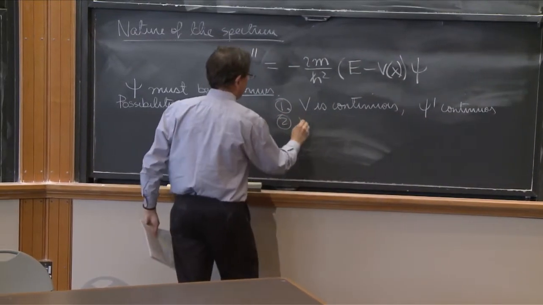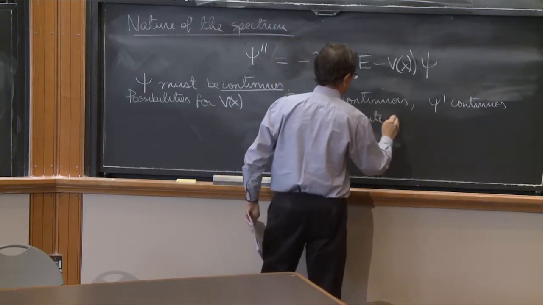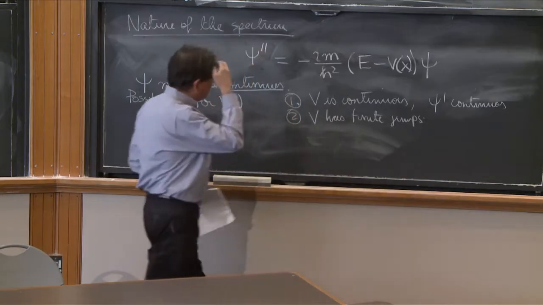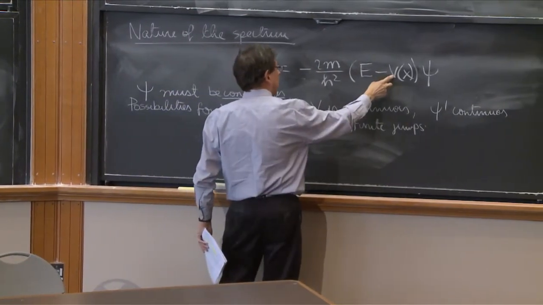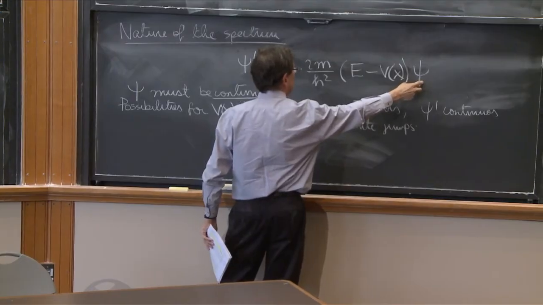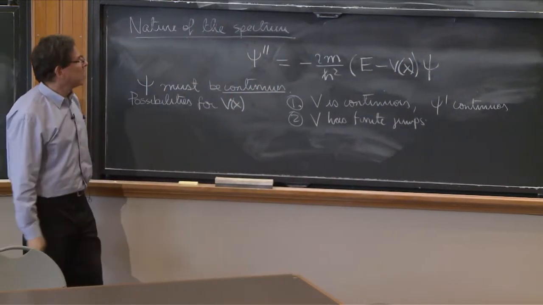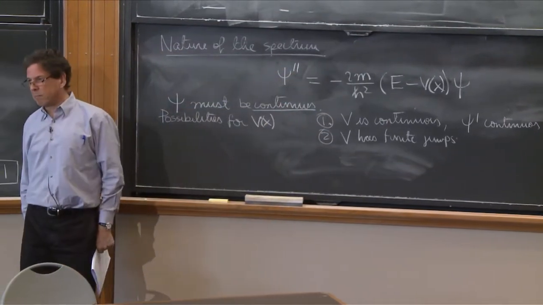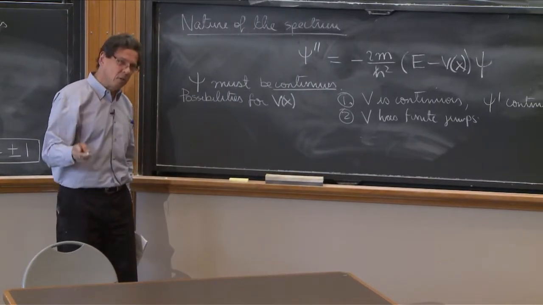2, V has finite jumps. Well, if V has finite jumps and psi is continuous, this product has finite jumps. So psi double prime has finite jumps.